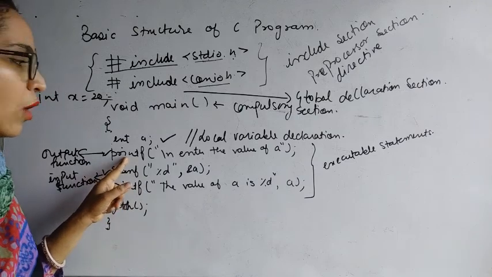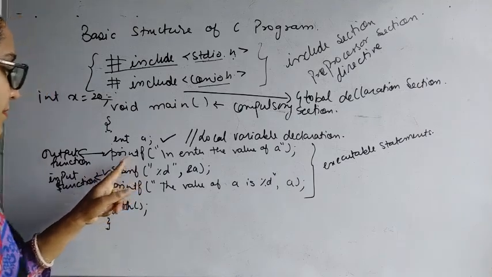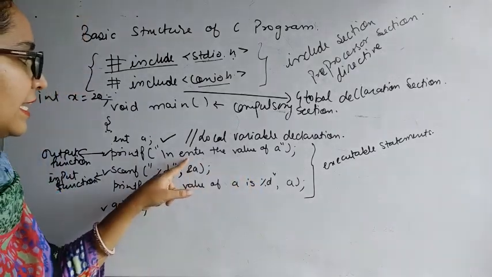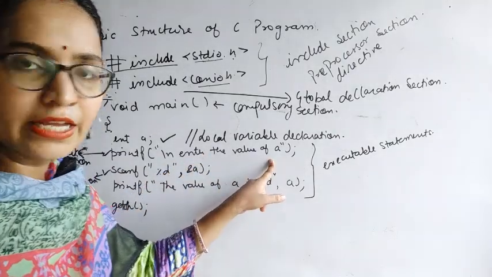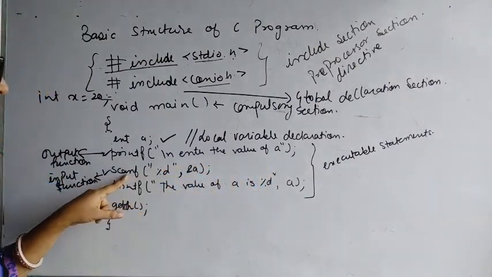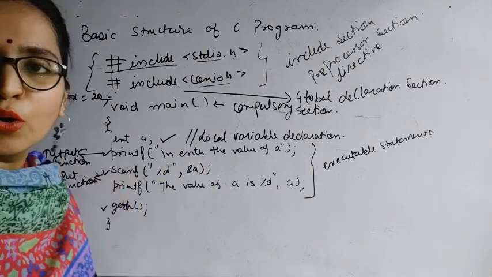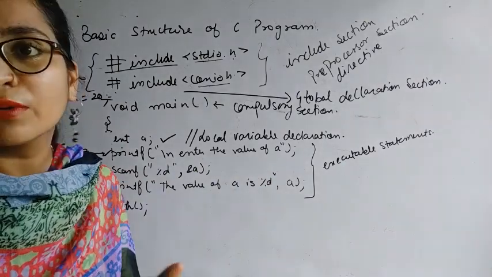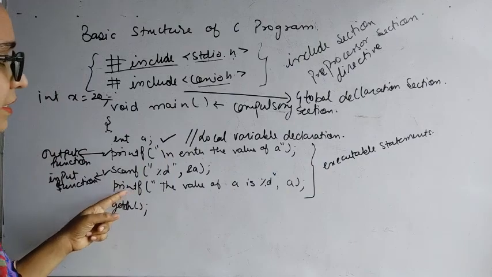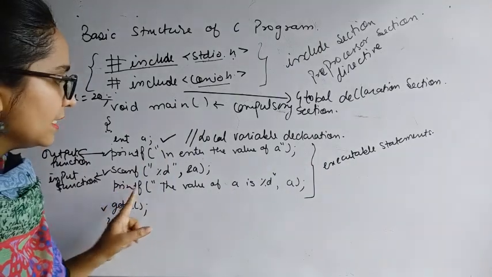If you want to give some output from our program, this is a printf statement. This message, "enter the value of a," will be printed on your console. Then comes the scanf statement. It will hold your screen and wait for some input from you. Then you will give some input, and after this, the next statement will be printed, that is, the value of a is.